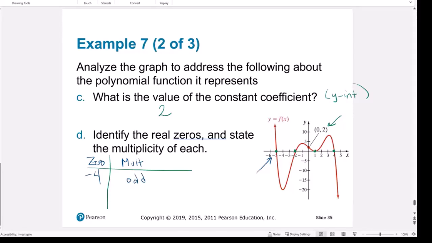Then I have a 0 here at -2. And at -2, it crosses, so it's also odd. I have a 0 at 1. I know this has got to be even. And lastly, I have a 0 at 4, and that crosses, so I know it's odd. The first one is at -5, not -4.